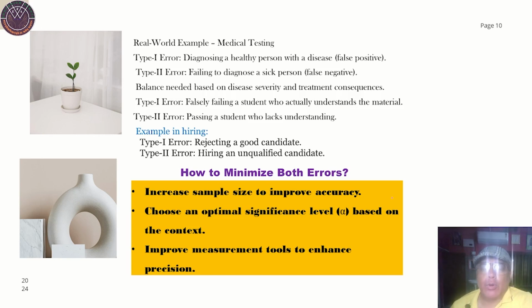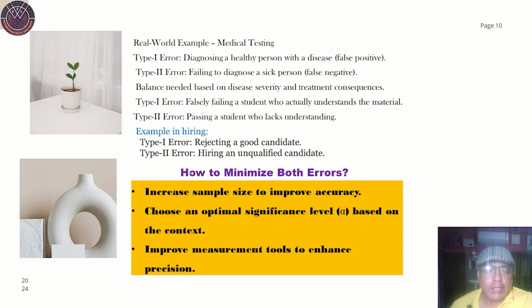The fact may be that he is reading the material but not understanding, and because you made the test quite easy and not based upon that reading material, that person passes, but actually he should fail because he is not understanding the things. So it is the case of type 2 error.